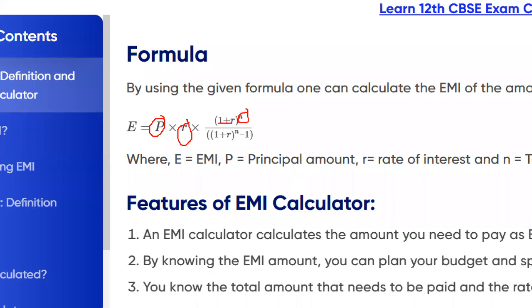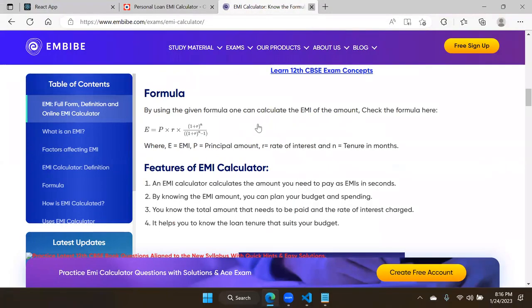So here, 1 plus rate to the power of N. That is how we have to write Math.pow, pow of N. That means this is actually written like this: Math.pow, 1 plus R, raised to the power of how much? N. Like this we need to define. That's how we need to implement this in JavaScript. So that is what we need to calculate actually.